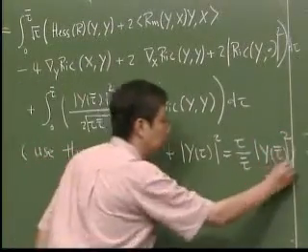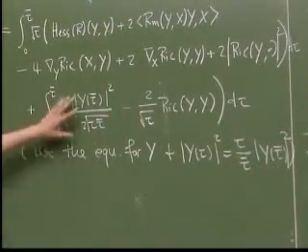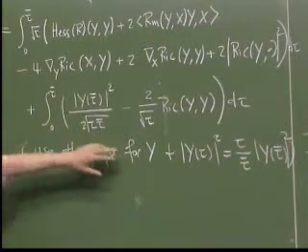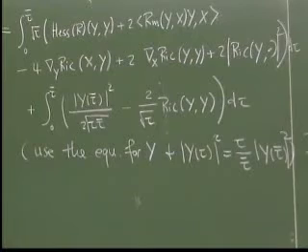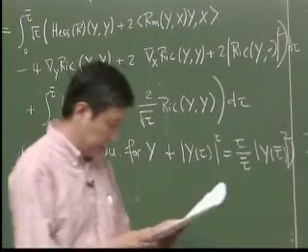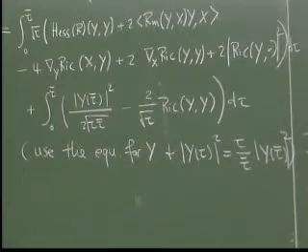Okay. So that's why you see this. Originally this should be a y tau square. So for that reason, next you do integration by parts again.